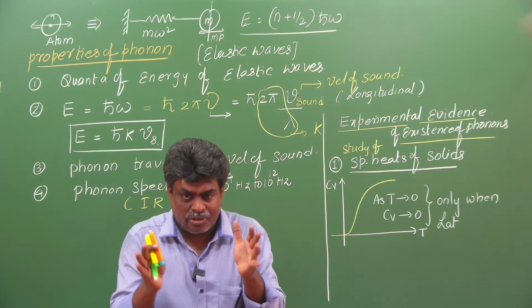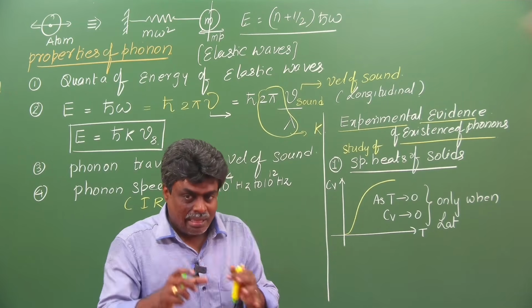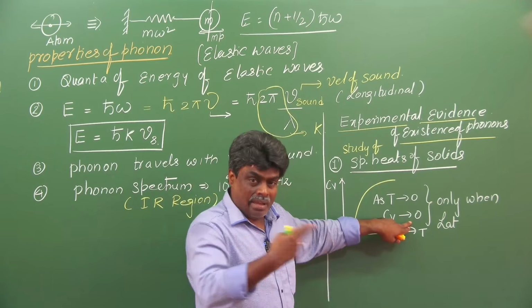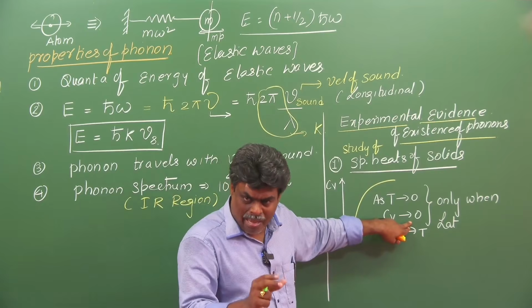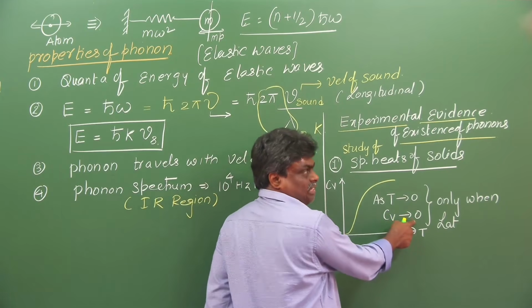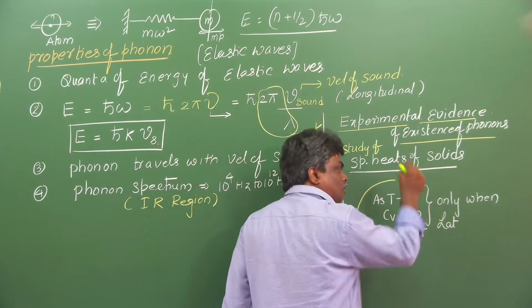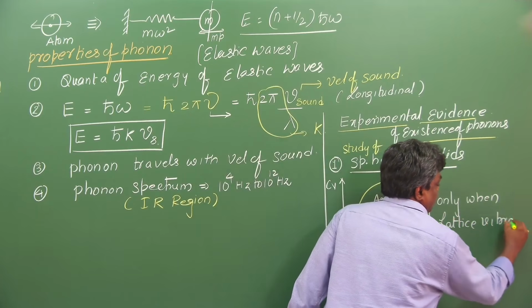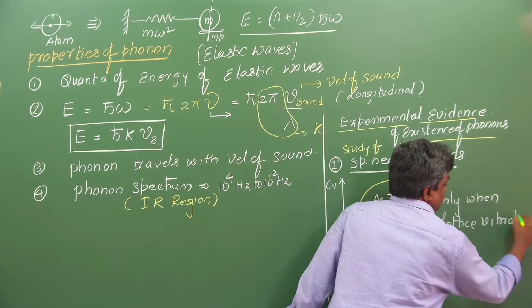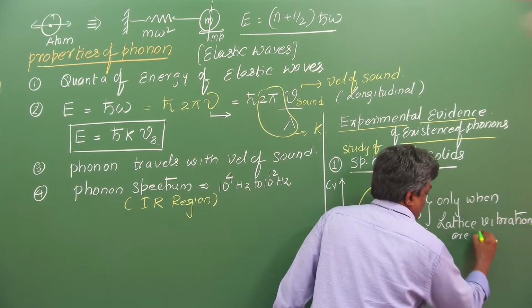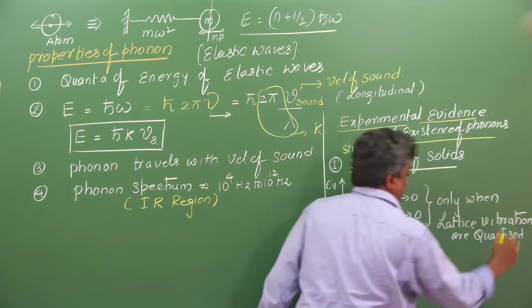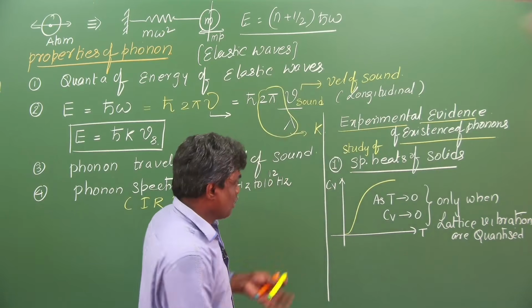I don't know how many of you are understanding this point. So tending to 0 means absorption and emission are balancing, and finally you are left with 0. This is possible only when lattice vibrations are quantized. Please say this answer and you will get full marks. That's good. This is one of the evidences.